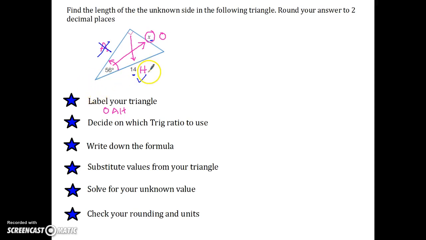So we've got hypotenuse and opposite in this problem. Now you need to have a look at your SOH CAH TOA and see which one of these three involve opposite and hypotenuse. Opposite, hypotenuse, we're going to use sine in this question.